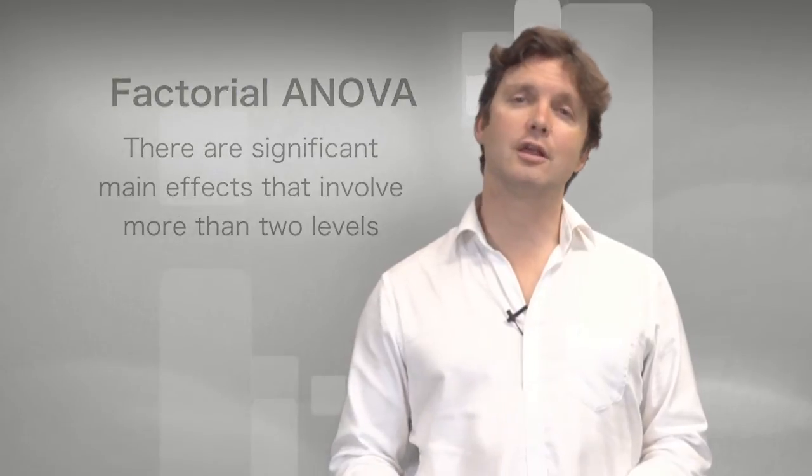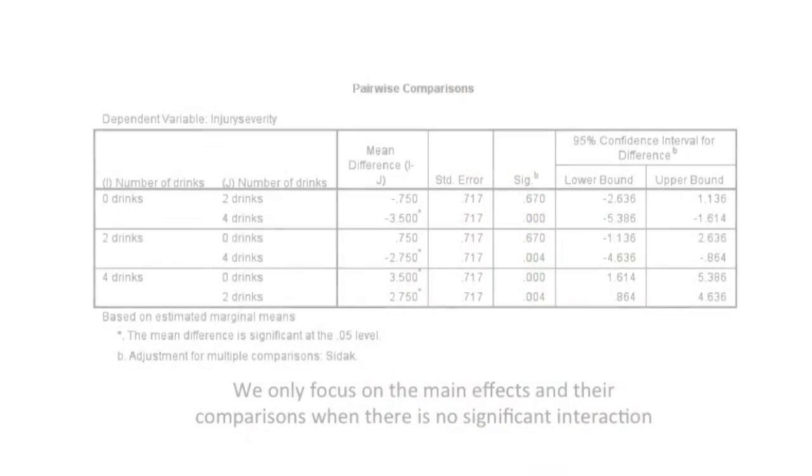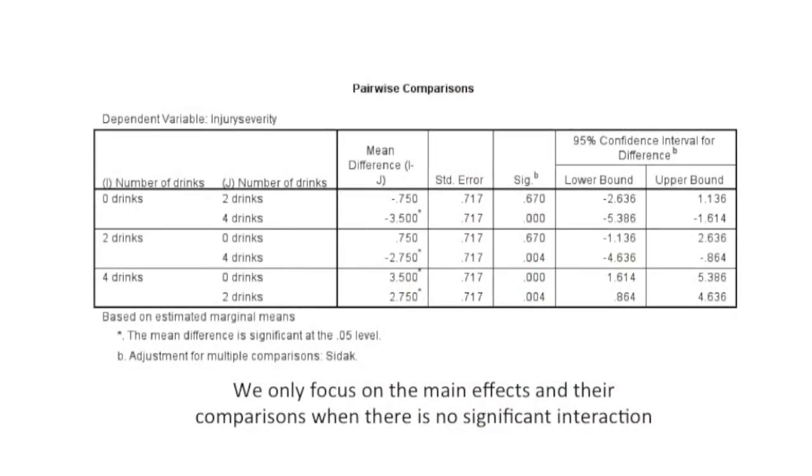The comparisons here, using the Sidak adjustment to control for family-wise error across the 3 tests, tell us that there's a significant difference between 4 drinks and 0 drinks. So 4 drinks has a higher mean injury severity rating than 0 drinks. We can see that there's also a significant difference between 4 drinks and 2 drinks.